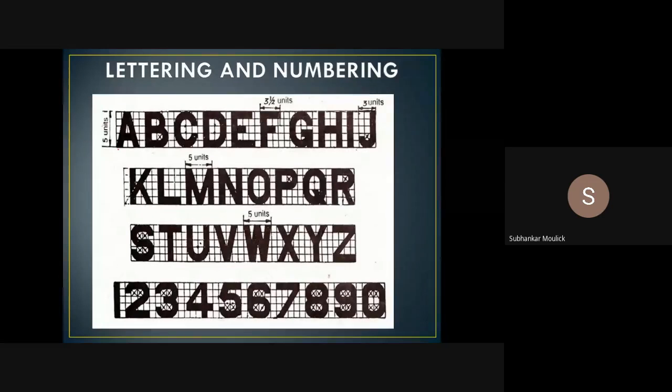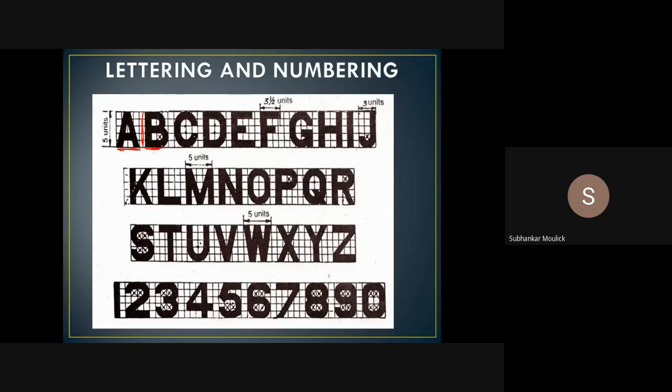This is 1 unit, 1 plus 1 is 2, plus 1 is 3, plus 1 is 4. That means the length of A is 4 units, the height of A is 5 units. Similarly B, the height of B is 5 units equal to 5 mm. And what is the length of B? It is 1, 2, 3, near about 3 units.